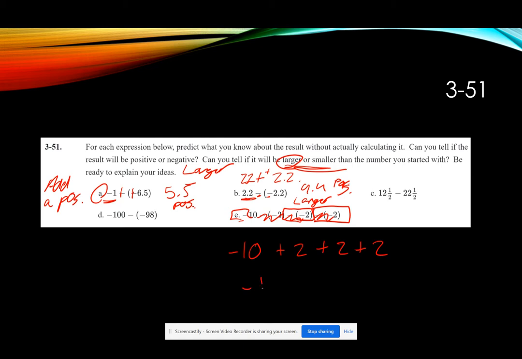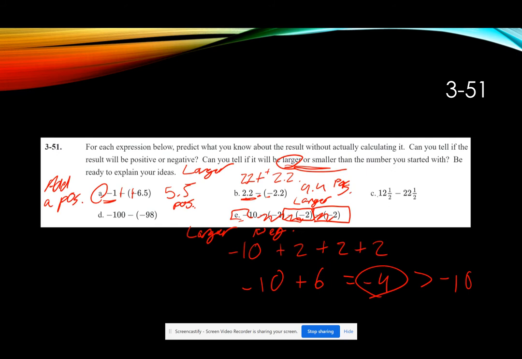And so here now I can think about it as -10 plus positive 6, and that would just give me -4. -4 is larger or greater than -10 because it's closer to 0. So here I'd write my outcome is going to be larger, and it's still going to be negative because -10 is bigger than positive 6. So I'm going to stay in that negative part of the number line.